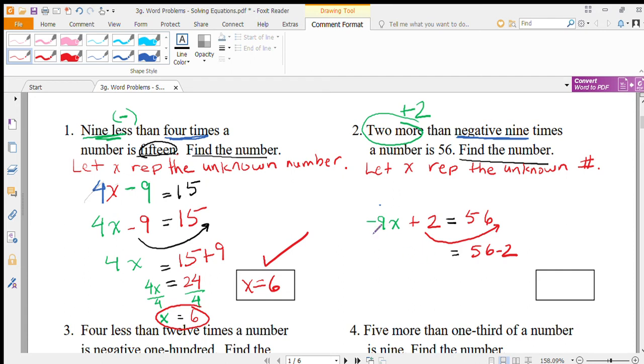Now the negative 9x, nothing really happened with that, did it? So I'm going to make that negative 9x, just copied it down. Next step, I know that I'm not doing anything with this just yet, so I'm going to copy that down. Negative 9x equals. What is 56 minus 2? 56 minus 2 is 54.